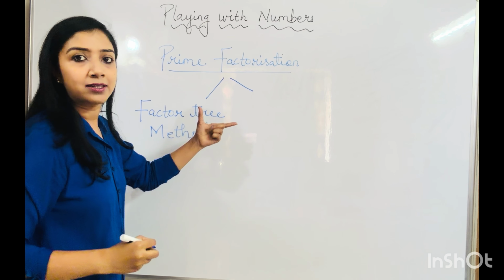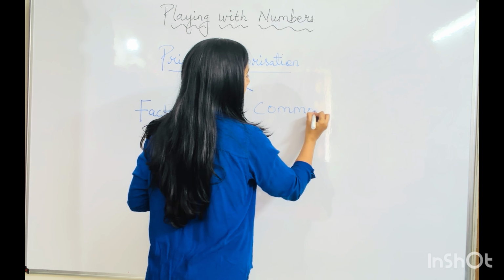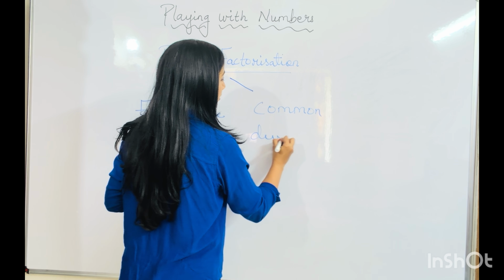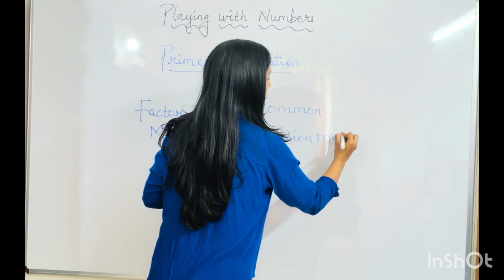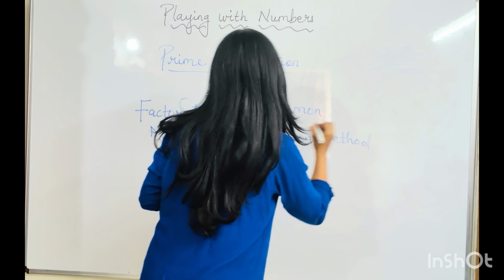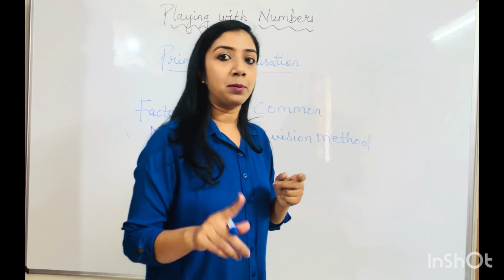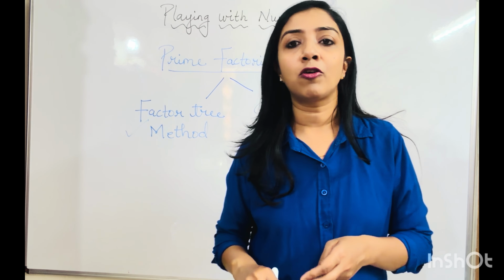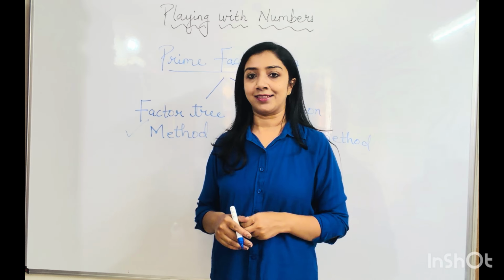And another method is the common division method. So children, we are going to see prime factorization using the factor tree method and using the common division method one by one. First we will start with the factor tree method.